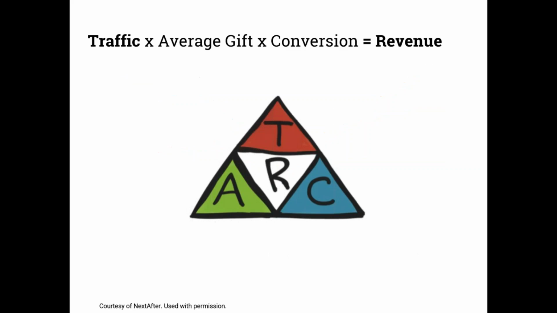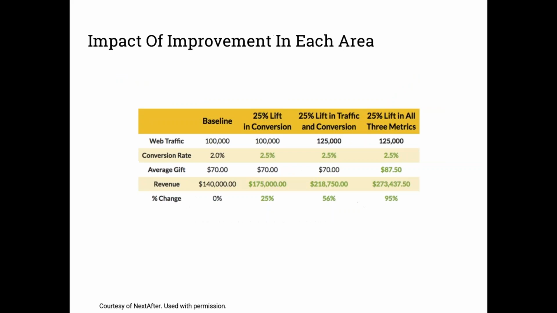And it's because these three variables, earn attention, increase motivation, and reduce friction, in the world of online fundraising loosely equate to these things: traffic times average gift times conversion rate. And those three variables multiplied together equals revenue. Here's a chart that shows that to be true, and how these three variables are equally weighted.